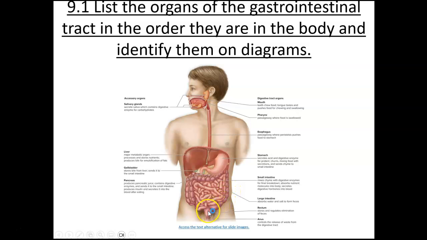The end portion of the large intestine is called the rectum, where the feces are stored, and then the anus is the muscle that prevents it all from coming out when you don't want it to. So when I'm asking you what are the organs of the GI tract, it's a continuous tube from the mouth to the esophagus, to the stomach, to the small intestines, to the large intestine, to the rectum, to the anus.